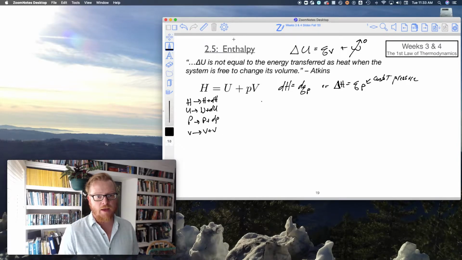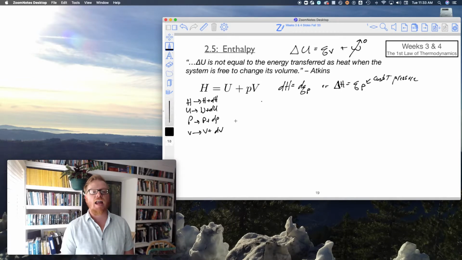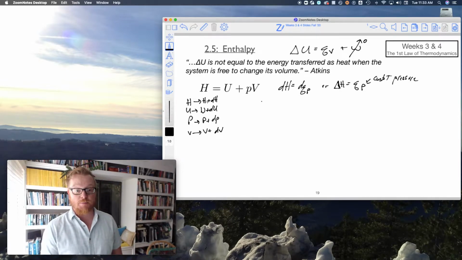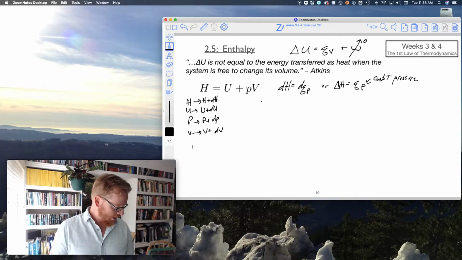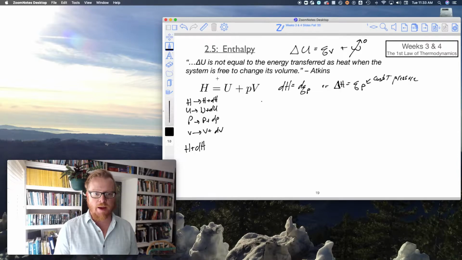Okay, so that should be a dV. Okay, so this is just now going to allow me to expand this equation into the following. H plus dH, and by the way, this is the definition of enthalpy. I think I missed that. So when the system is free to change its volume, enthalpy is the internal energy plus an additional work term, right?